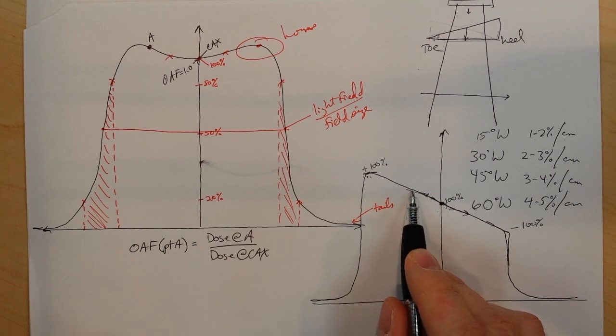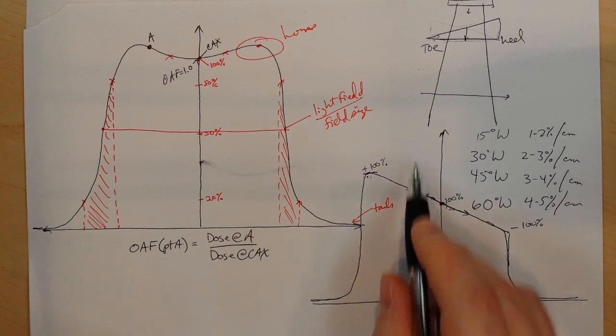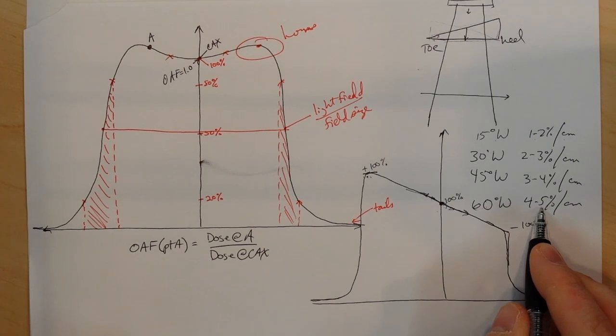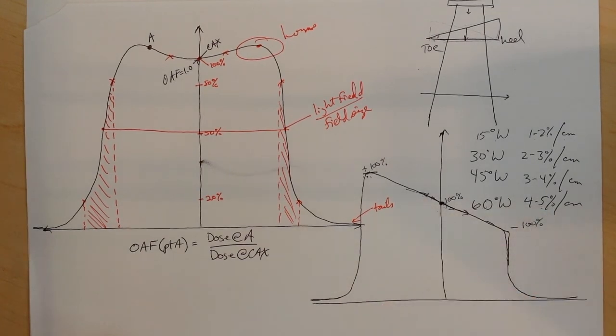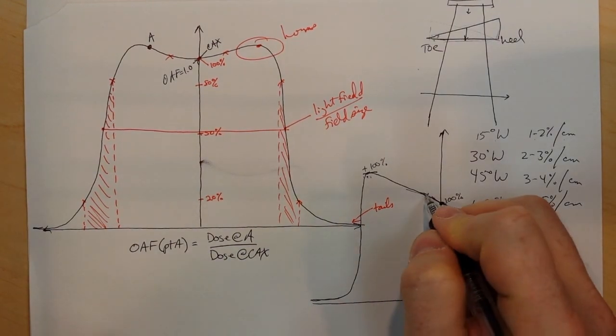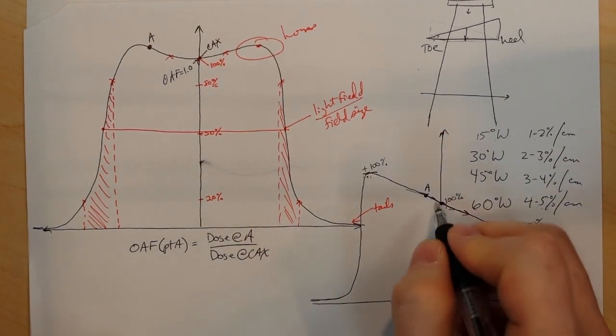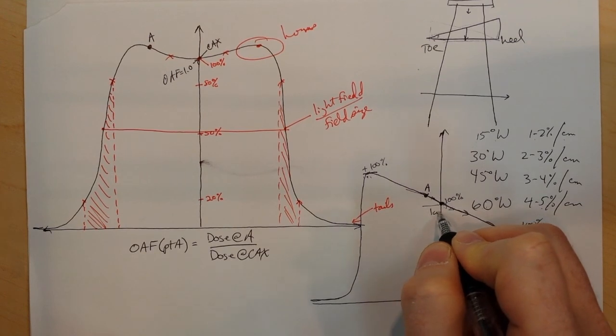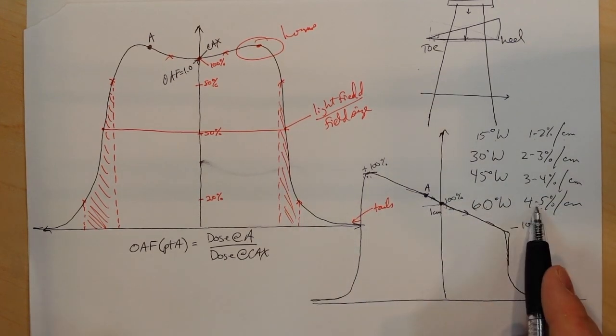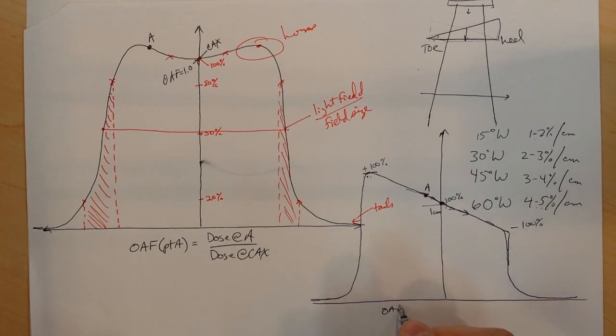If I move 2 centimeters towards the toe, because of the greater attenuation, I'm going to be 2 times 5, 10% hotter. So how does the off-axis factor work with this? If I have point A, and point A is 1 centimeter from the central axis, and if I follow this general rule, my off-axis factor is going to be my dose at point A, call it 105, divided by dose at the central axis, 100, so 1.05.